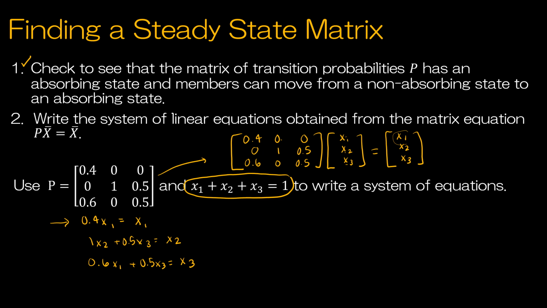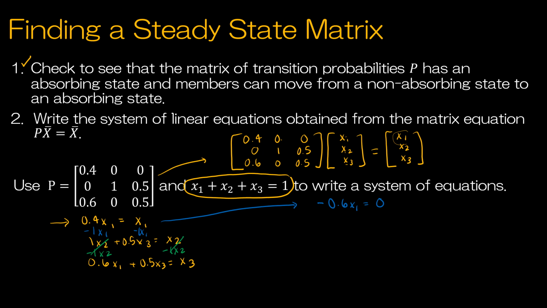And what I'm going to do now is write it in standard form, so that all of the variables are on one side. For my first equation, I'm simply going to subtract 1x1 from each side. And that gives me negative 0.6x1 is equal to 0. For my second equation, I'm going to subtract 1x2 from each side. And what happens here is the x2 actually goes away.